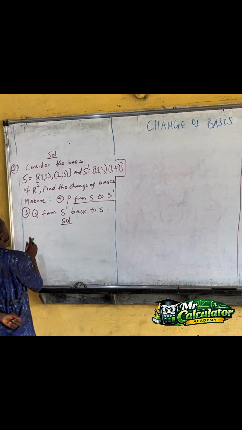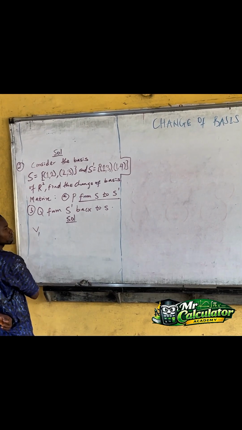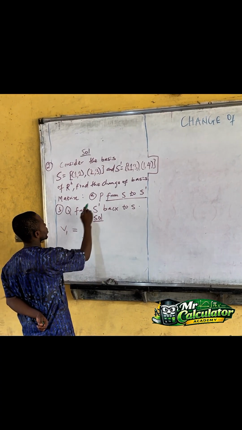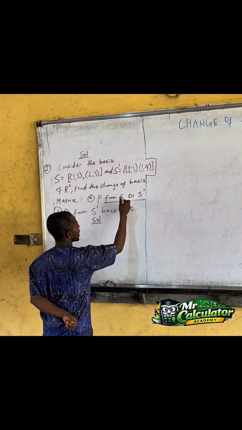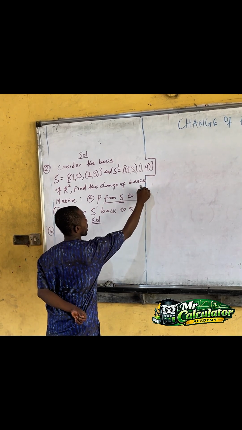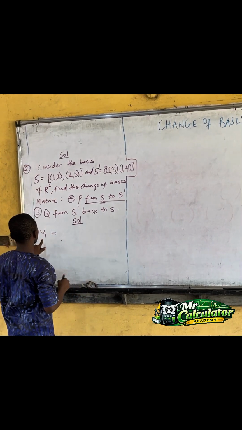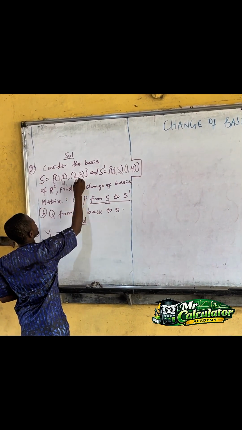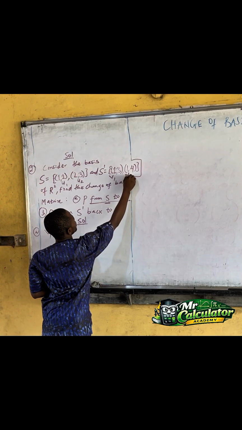Now, from here, we are given that what? So, I want to write out the parameter that is V1 equal to V1. I'm referring to question A now. It says from S to S prime. So I'm making references to the basis of S prime, which is V1. And the V1 is what? This is U1, this is U2, this is V1, this is V2.